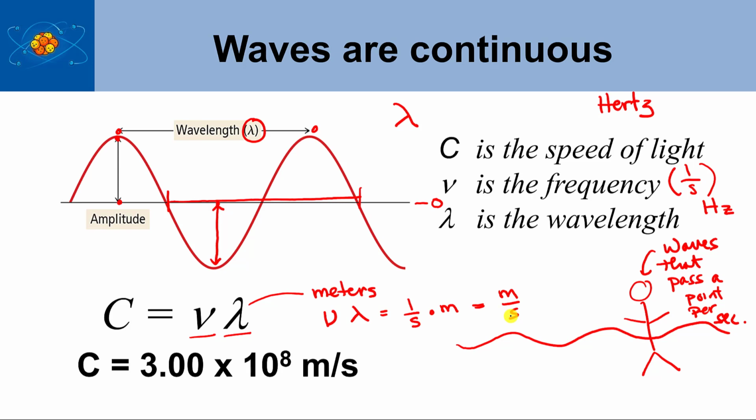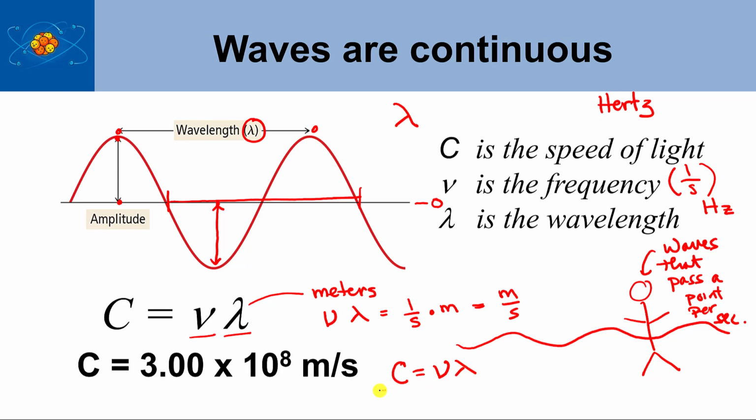So if you're in space, or on Earth, or in the ocean, regardless of the density of the material around you, light travels at roughly 3 times 10 to the 8th meters per second.